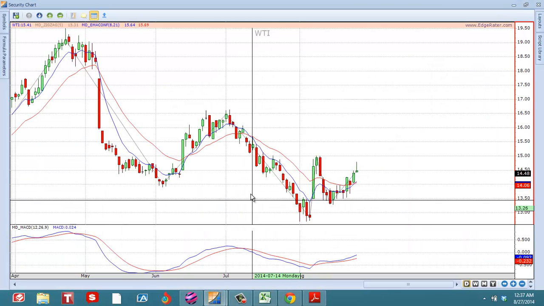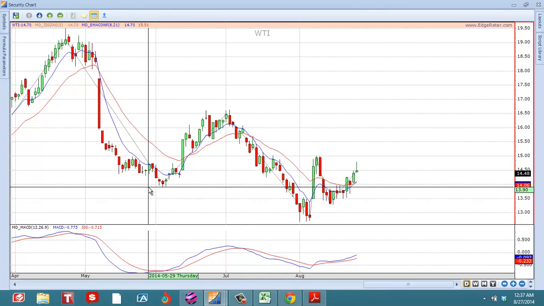Let's look at WTI. And WTI, we have a real nice divergence. Look right here. Okay, and this is a perfect setup right here. You can see right here how you had this low. Now you made a lower low right here. You made a higher low, and you can see how ideally you want to see the 12, which is this blue line, above the 26.